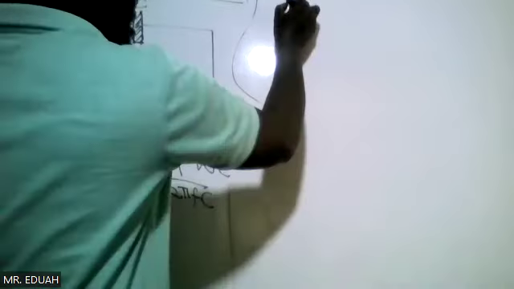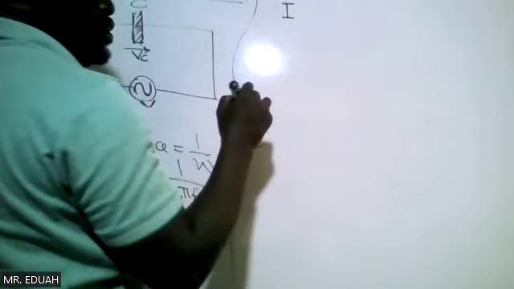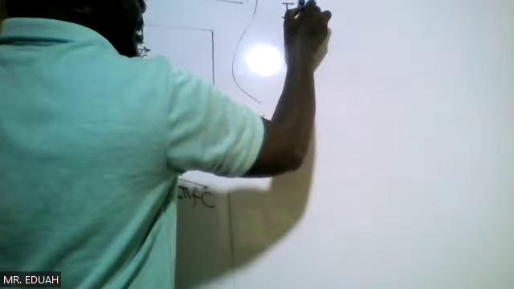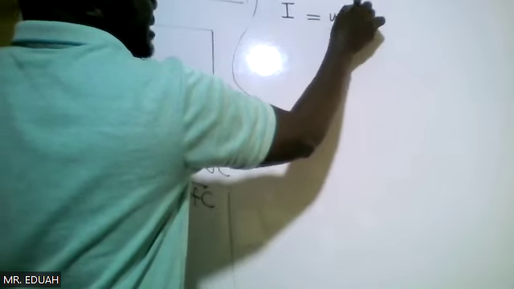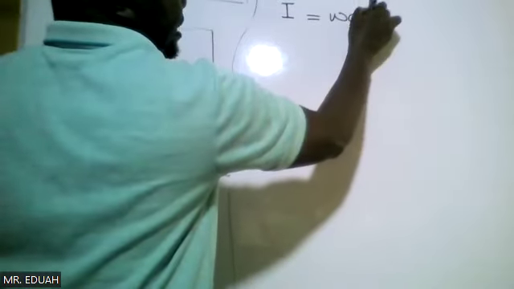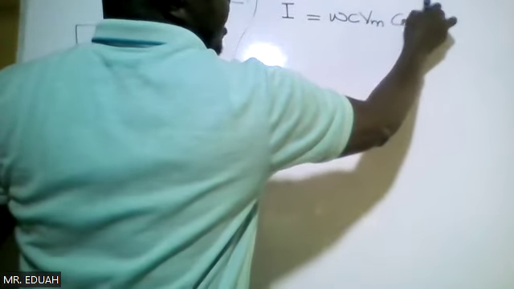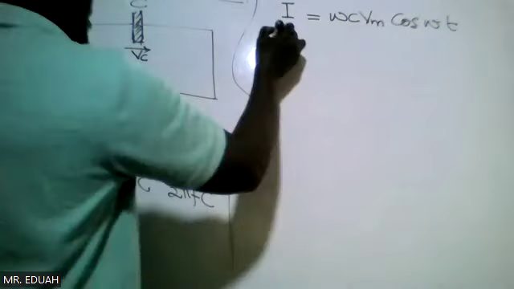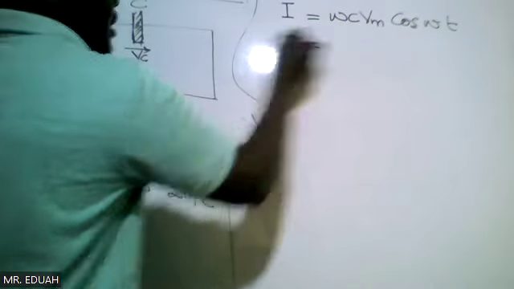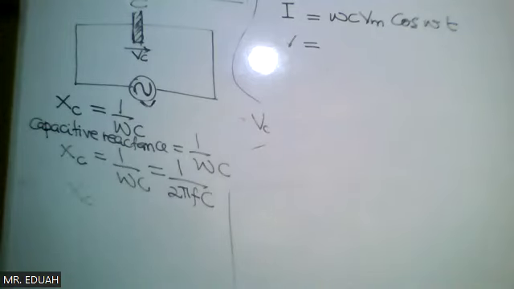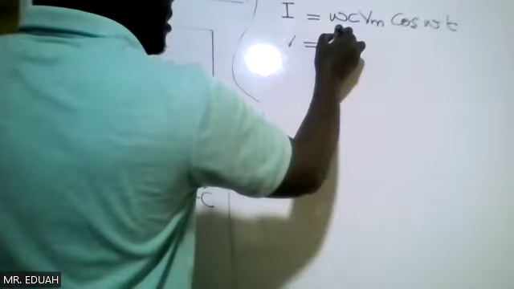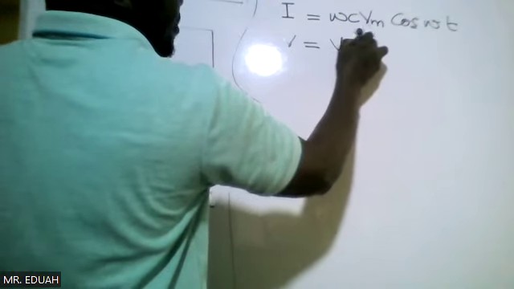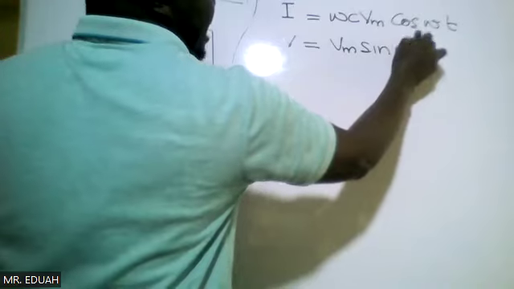So we got this relation for the current through the capacitor: I is equal to omega C Vm cos omega t. Then the voltage drop across the capacitor is equal to the voltage of the source, which is Vm sine omega t.